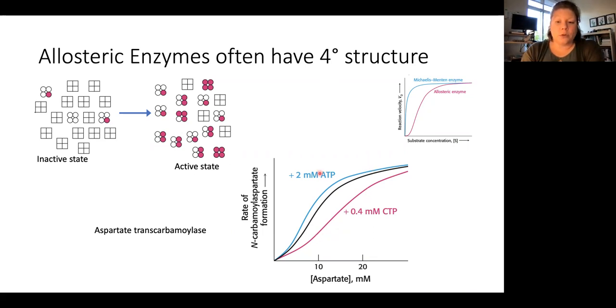Okay, so activators can help stabilize the active state. Inhibitors can help stabilize the inactive state. And it's going to be the balance of those two that makes up this sigmoidal rate of reaction curve for an allosteric enzyme.